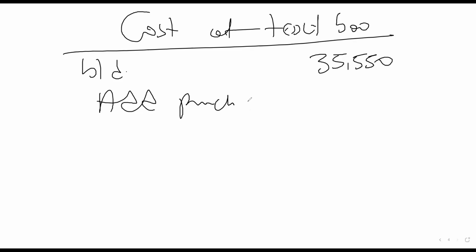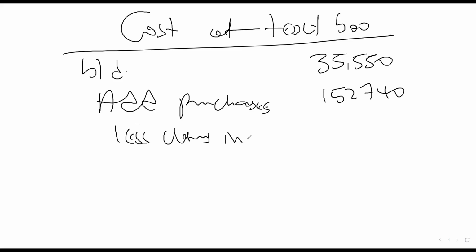You add purchases of textbook, 152,740. Then you say less what? Closing inventory. What's the closing inventory of textbook? 142,500.